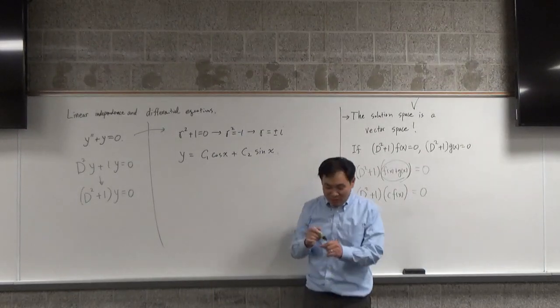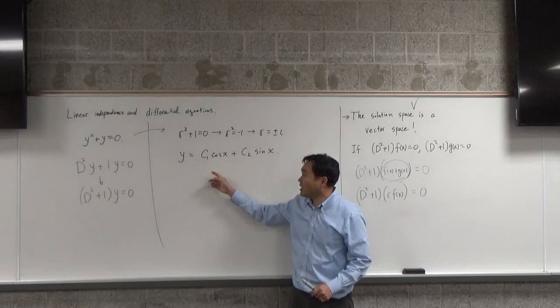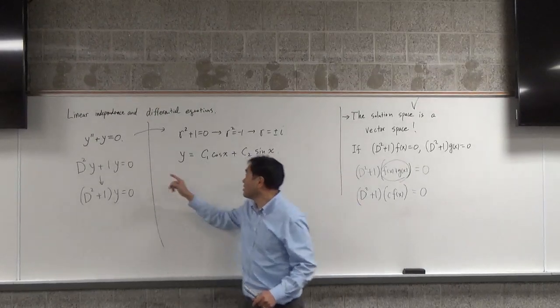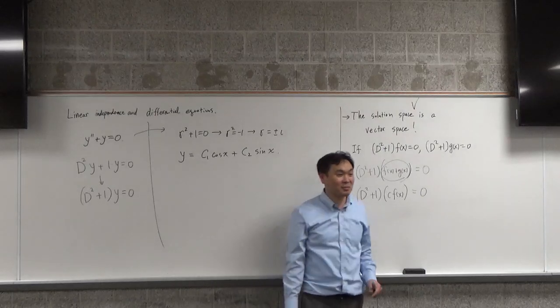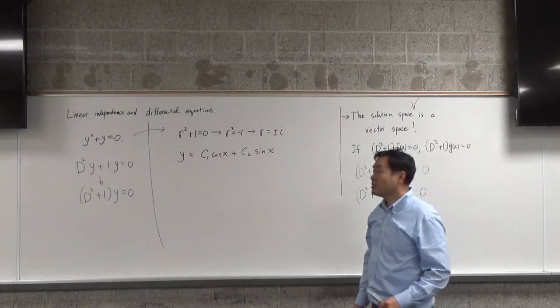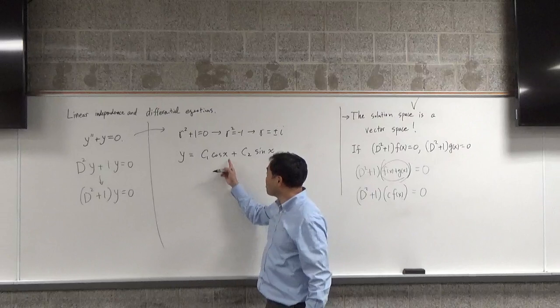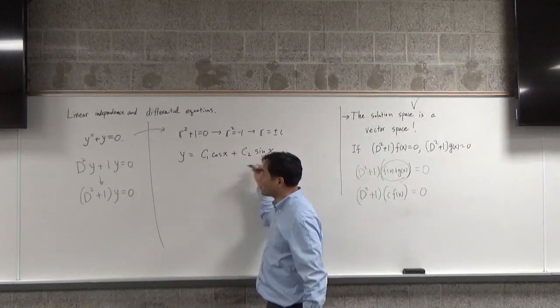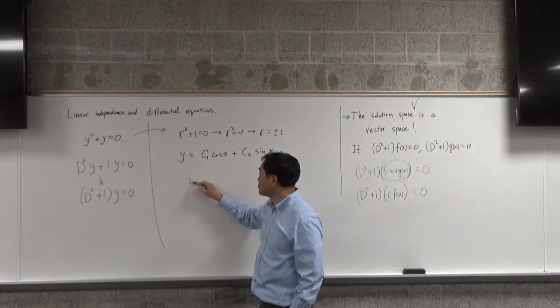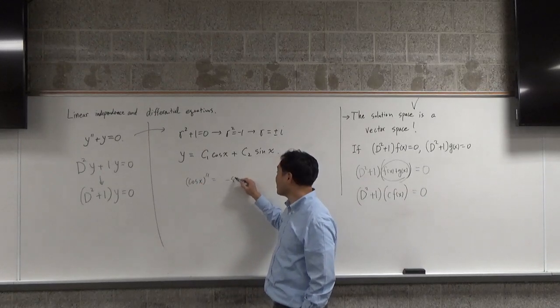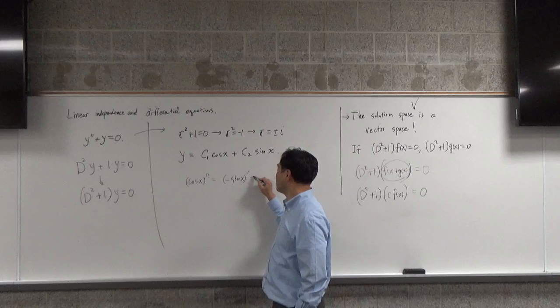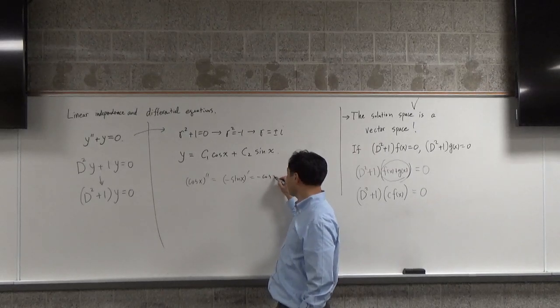Okay, so that's what it is. Now, let's look at this statement. It means that any solution of this is a linear combination of these two functions. First of all, let's check that these two are solutions themselves. What is cosine x double prime? That's negative sine x prime, so it's negative cosine x.